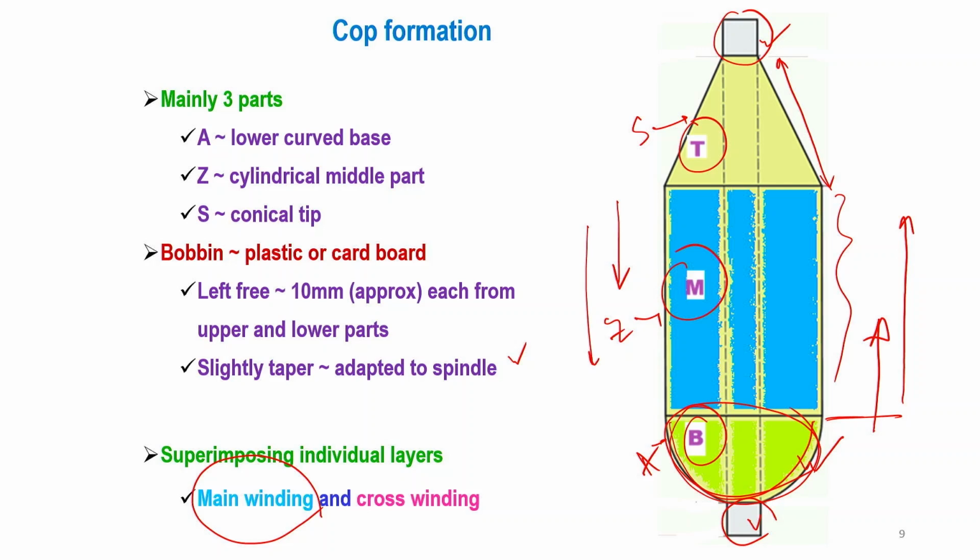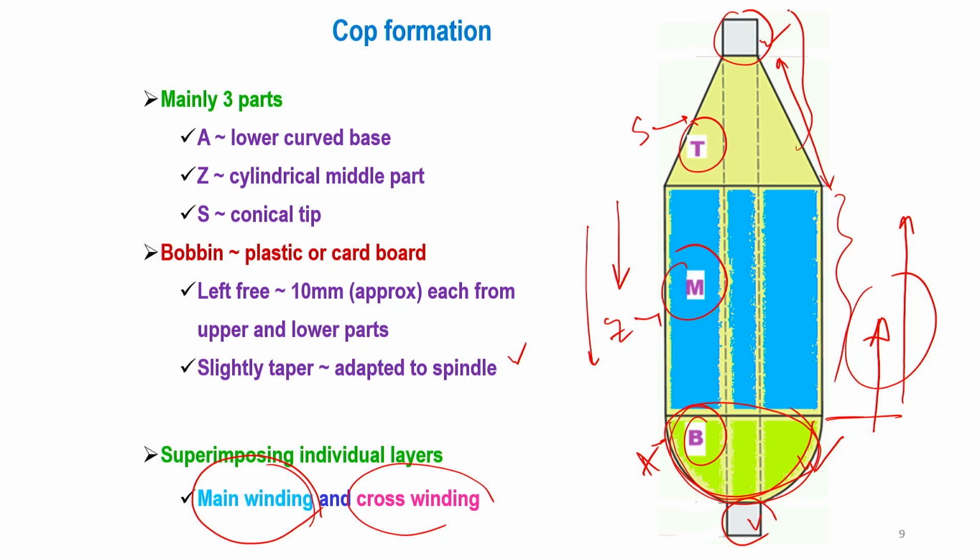So it starts with a faster speed than the upward motion. Here it is cross winding. Cross winding is required just to bind, so it is also called the binding layer. This is the winding layer and the binding layer. This is required to prevent sloughing off during high speed unwinding.